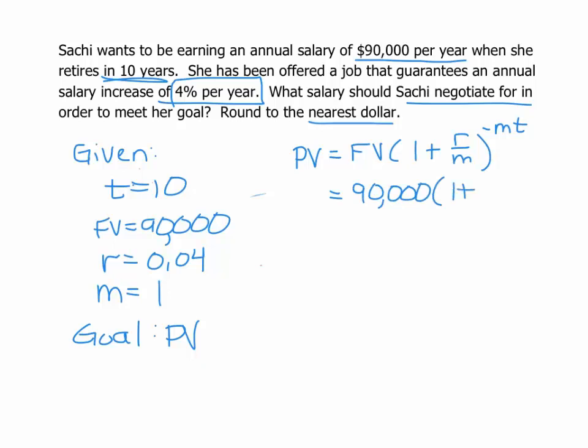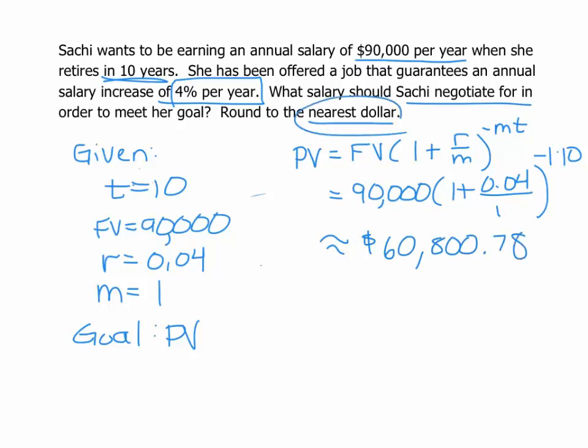We're going to have 1 plus 0.04 divided by 1 to the negative 1 times 10. When you input this into your calculator, you end up with $60,800.78. But they told us they wanted us to round to the nearest dollar.